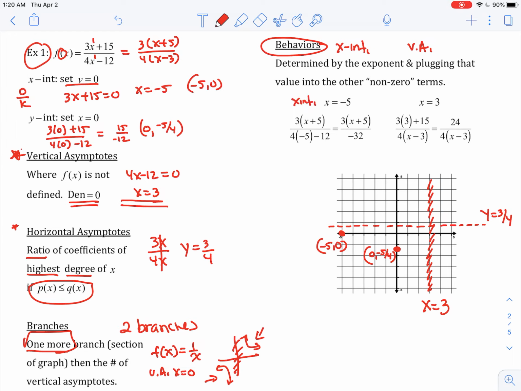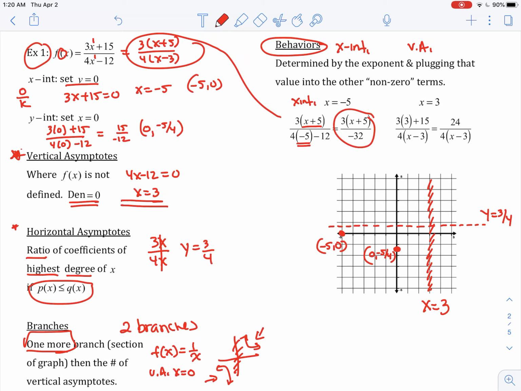So we had an x-intercept at x equal to -5, and if we go back to our original function, we're going to take that -5 and plug it into where it did not come from, into those non-zero terms. We're going to leave the factor where it came from alone, and plug that value into the other x's where it would not go out to 0.